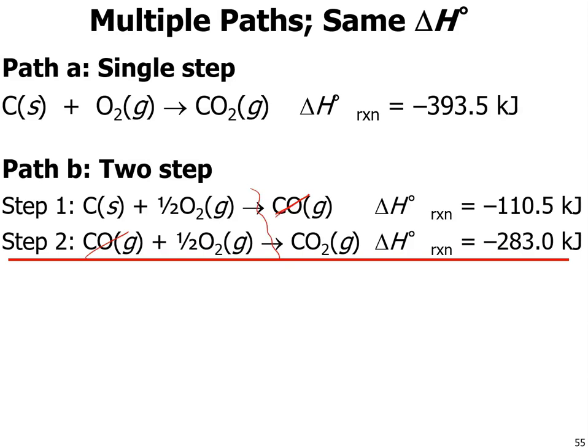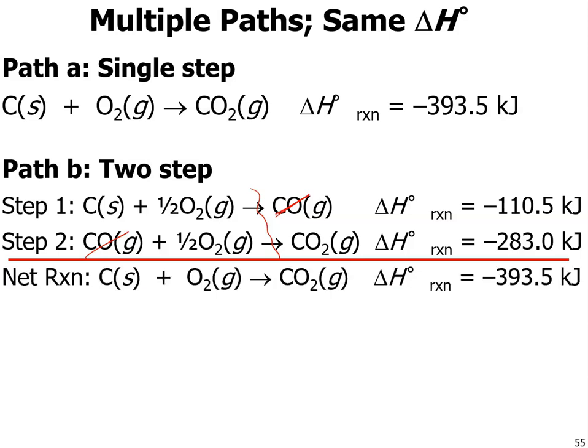So I can take that carbon monoxide out, and we can add things on either side. So I'm going to add the carbon on the left side, and I'm going to add my half a mole to give me 1 mole of oxygen, and then the CO2 is there, and then we're going to add together our heats of enthalpy, to get a total of negative 393.5 kilojoules.